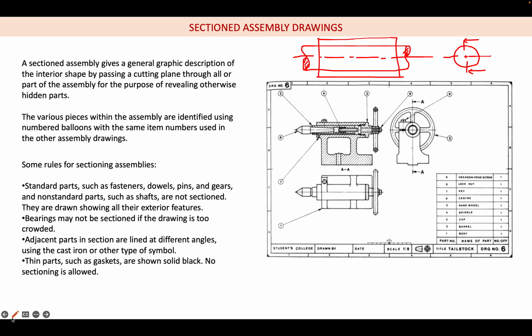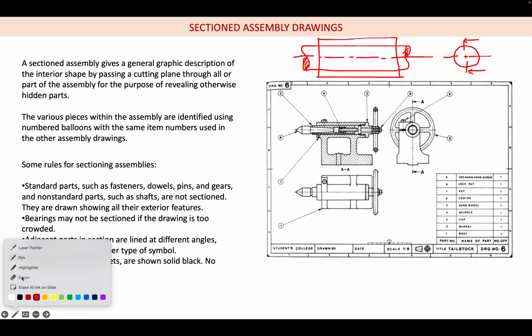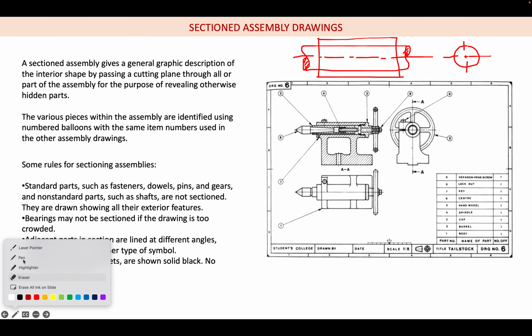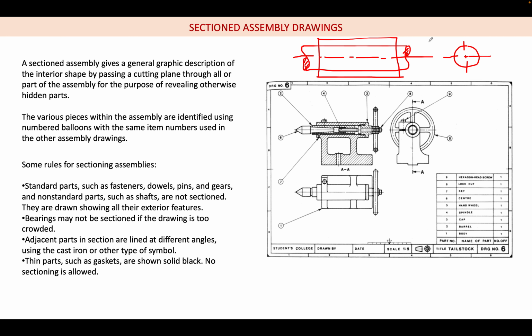For example, let me say that I am looking from the other side. Let us say I am following third angle projection. This is my right side view, and in the right side view I am going to look at the part.